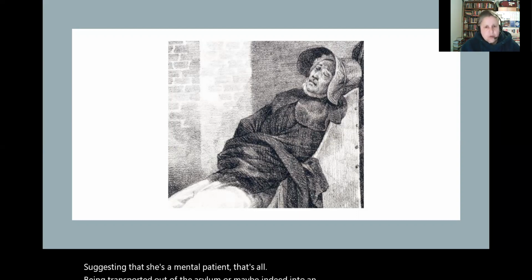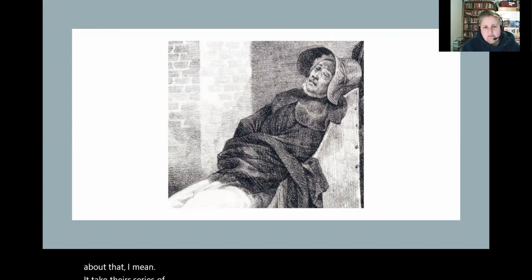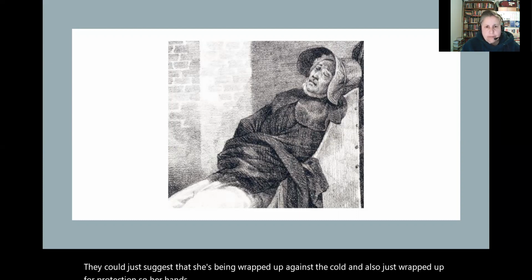I'm not so convinced about that. I mean, there's a series of wrappings. It could just suggest that she's being wrapped up against the cold, and also just wrapped up for protection so her hands don't drop into the wheels.